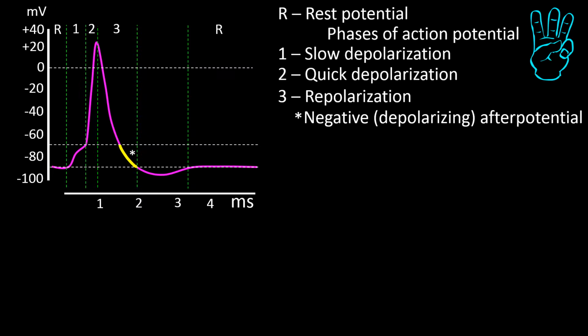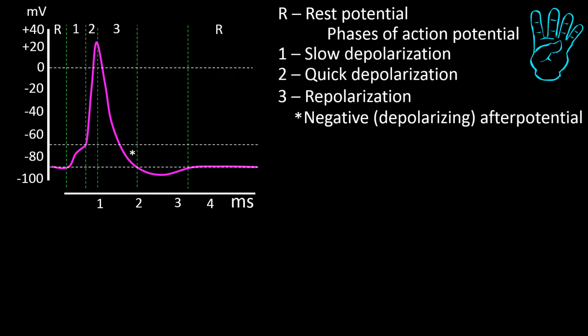Two things are odd about this labeling: negative and after potential. The reason for these oddities is that these terms were borrowed from the terminology used to label intracellular action potential recordings. The nitty-gritty about the labeling oddities was addressed in the physiology talk, so I will not discuss them any further in this talk.